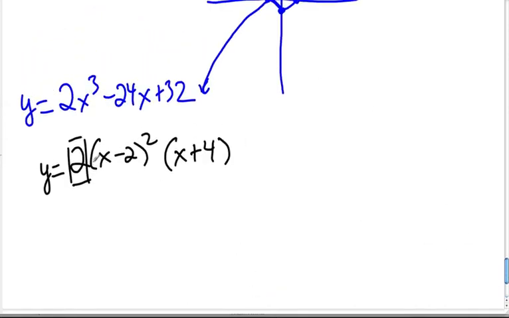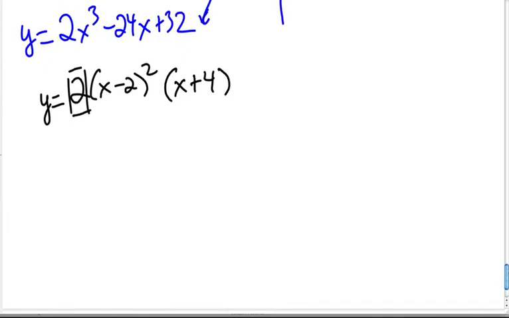And the 2 is not going to really be used much, because it's just going to affect the curvature of our line, but it's not going to really affect the points as much. So the same intercepts still exist. It'll just be a little more tight. It'll be a vertical stretch.